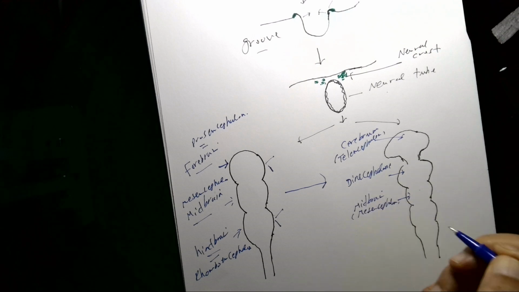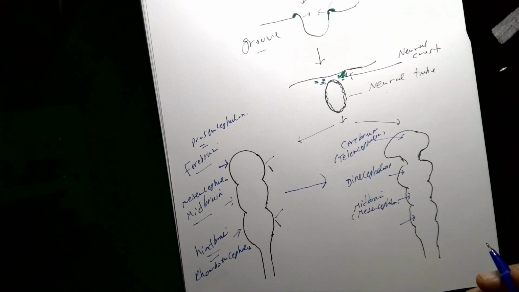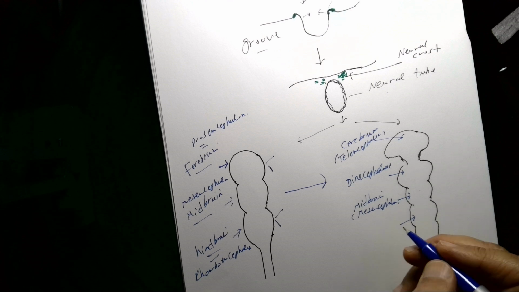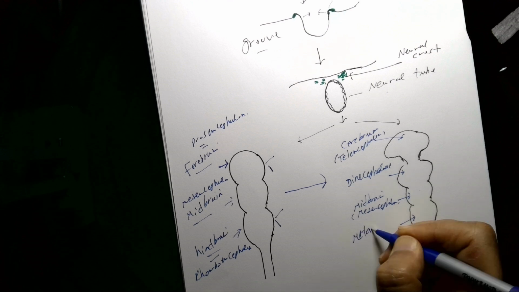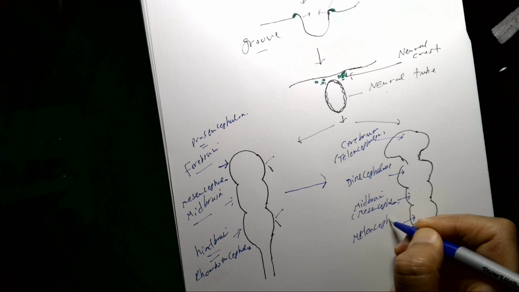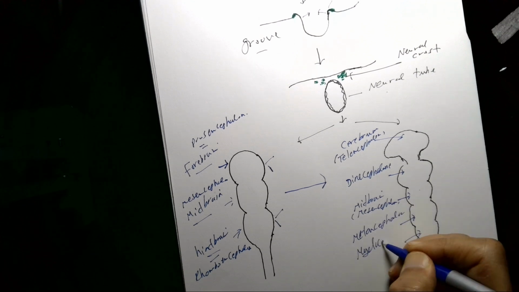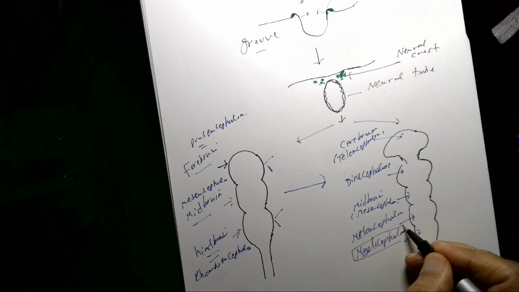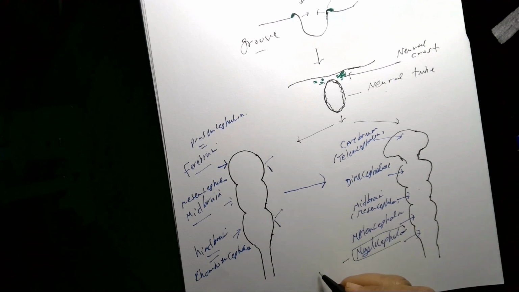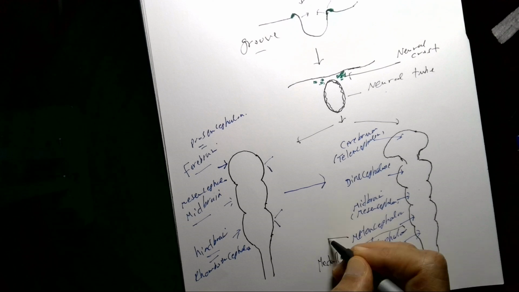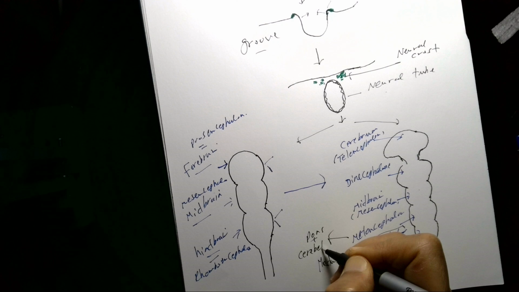Then the hindbrain is split into metencephalon and myelencephalon. This one refers to the medulla. This one refers to pons plus cerebellum.